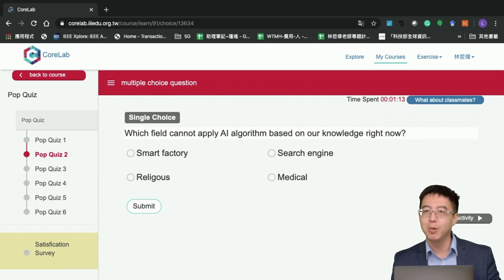Can anyone share your answer, and tell us why AI cannot be applied to it now, whether it is possible in the future, and what your reason is?